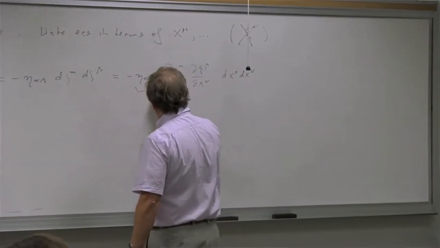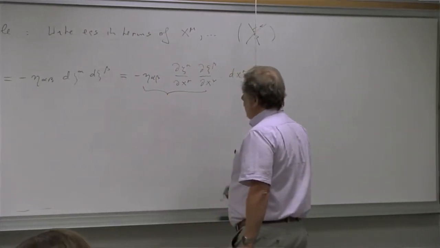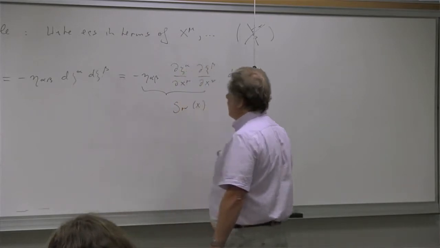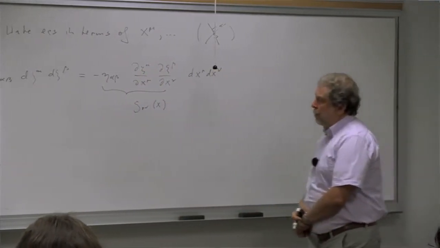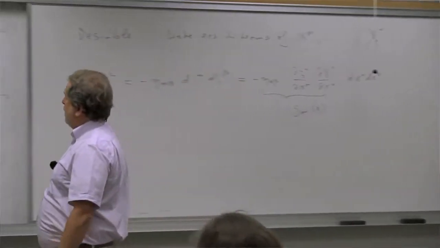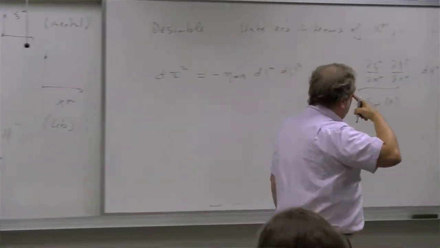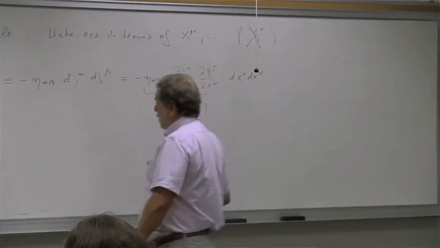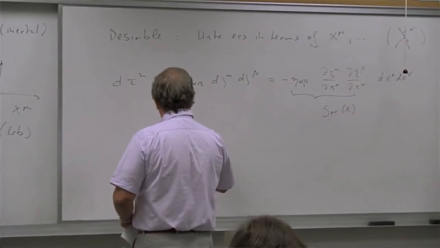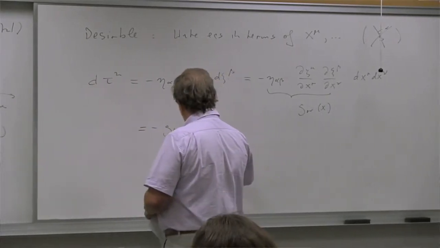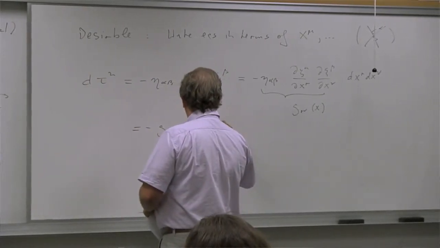And now this object here, we're going to give it a name, and we're going to call it g mu nu, and in general it will be a function of x. It will be a function of x because we are looking at a specific point, right, in this manifold. So it's going to be g mu nu of x, and so this is equal to minus g mu nu times dx mu dx nu.